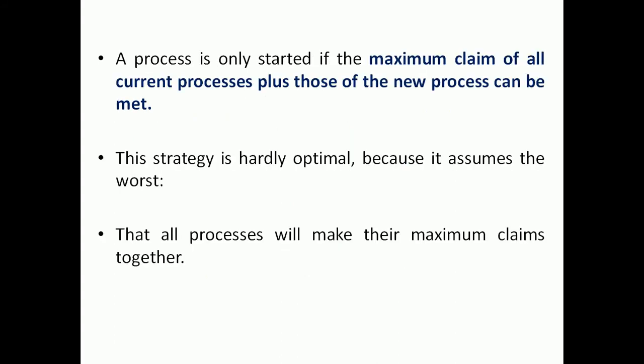A process is only started if the maximum claim of all current processes plus that of the new process can be met. So when the process starts, it has to claim all the maximum requirement, but this is not the optimal way, and it leads to the worst condition right now.